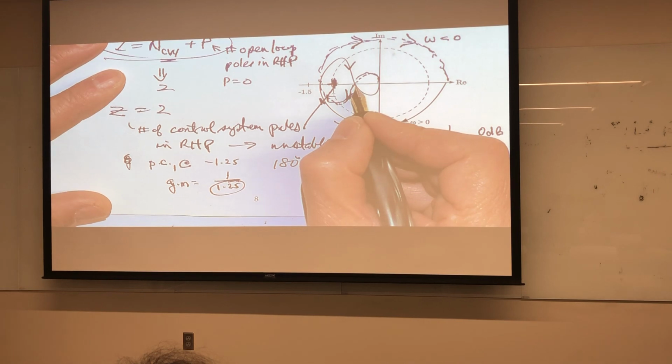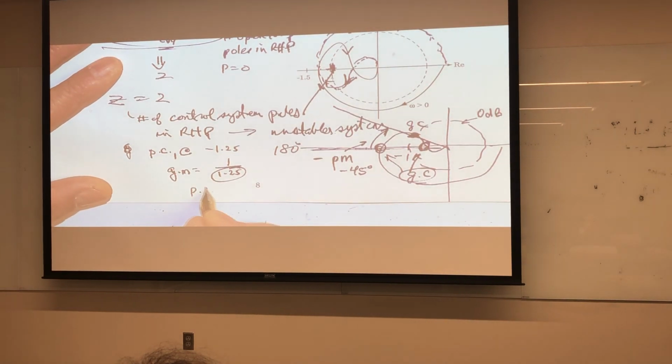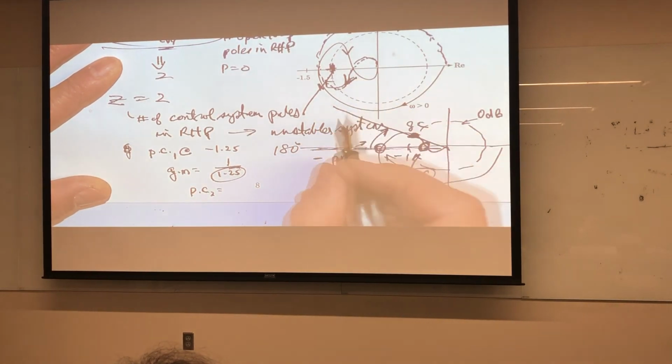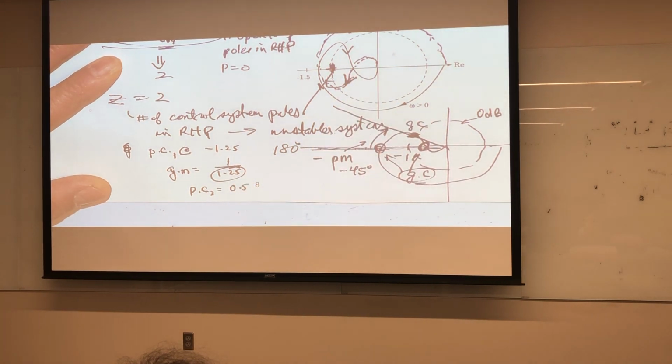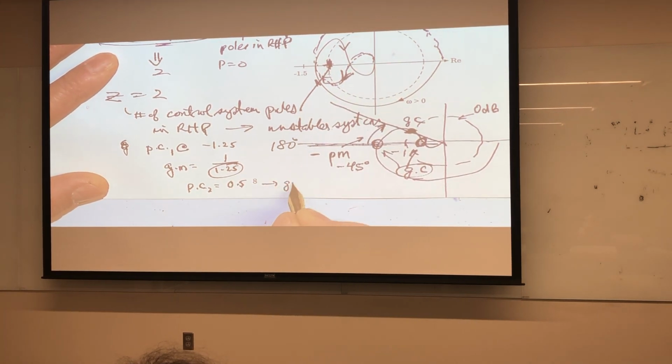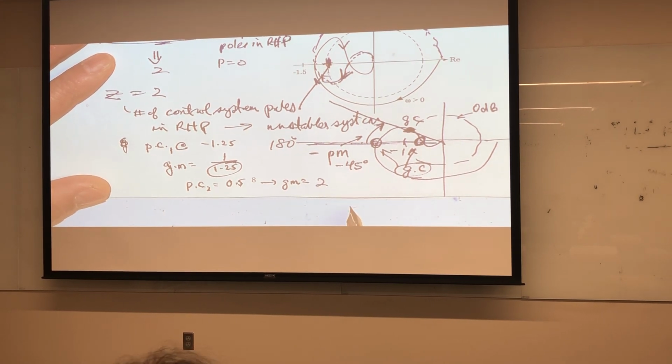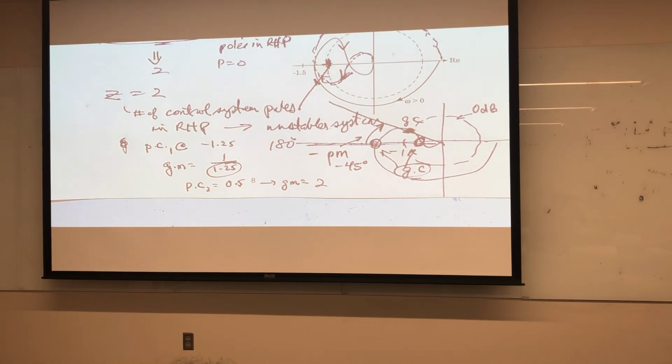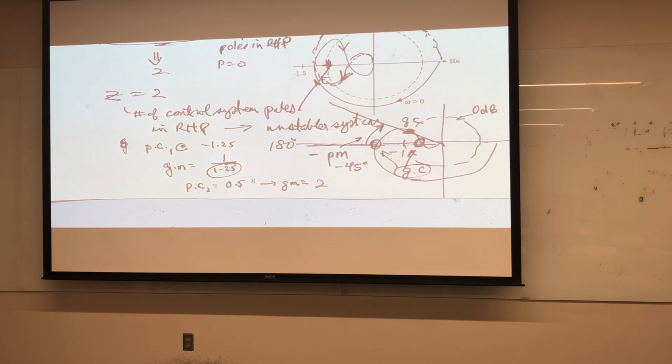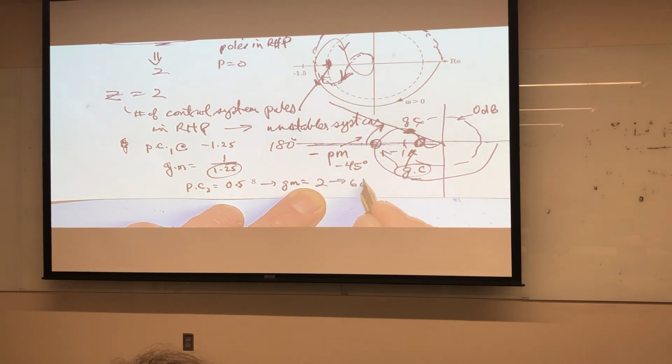There's another phase crossover right here, and it looks like it's on the order of about 1/2. So the gain margin is 1 over 1/2, which is equal to 2, if I've done my math. We would get two correct answers for gain margin. This is not in dB, though. If you express it in dB, this is 6 dB. And for the other one, I don't know what it is; you'd have to pull out a calculator.